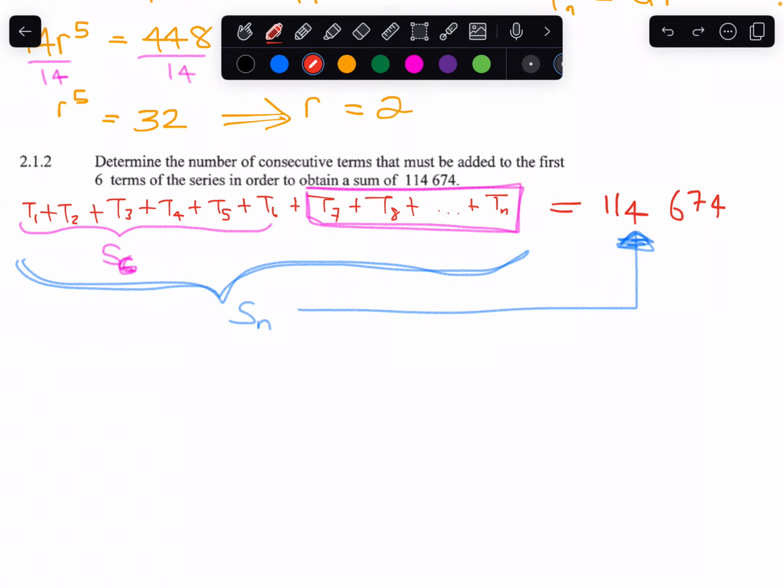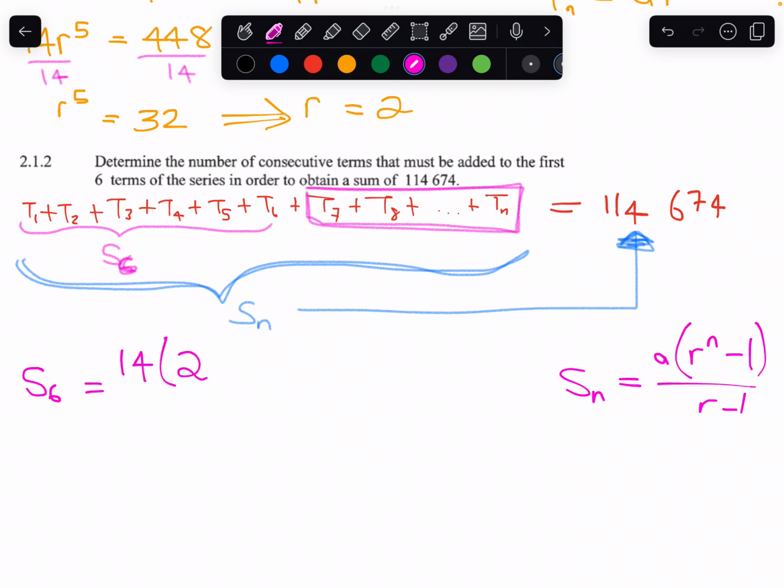With geometric series, Sn is equal to A times r to the n minus 1, divided by r minus 1. Here our A is 14, our r we worked out to be 2, and n is 6.